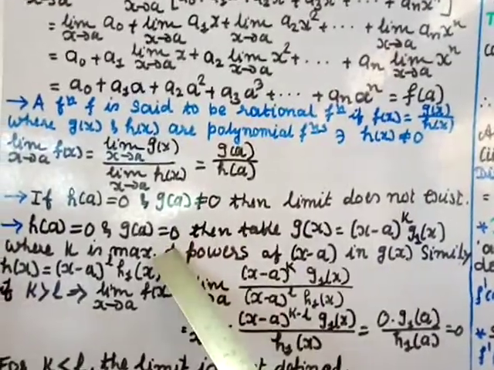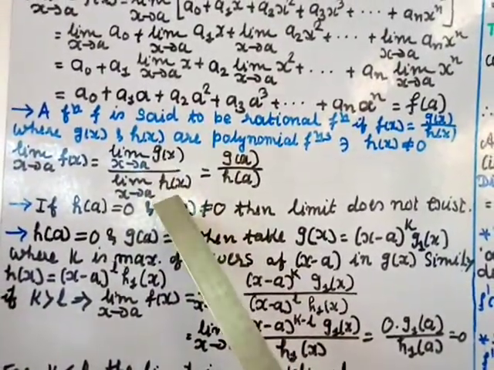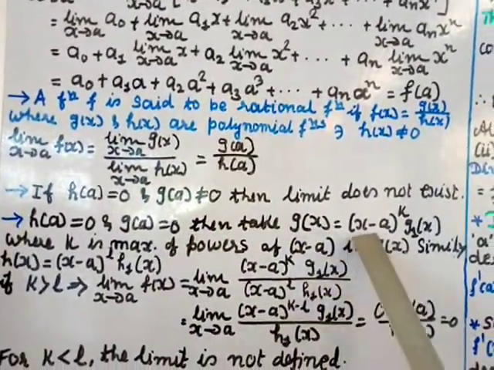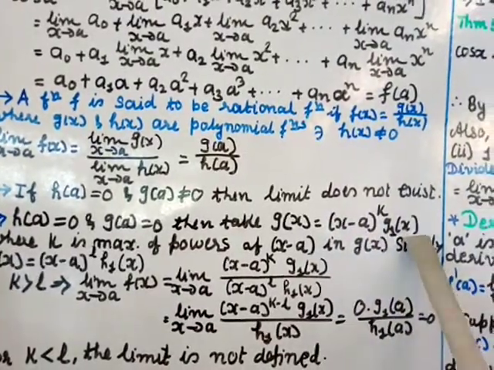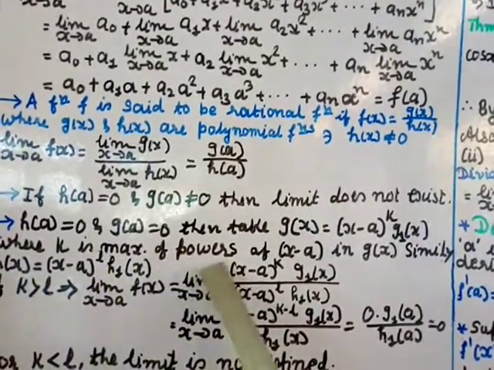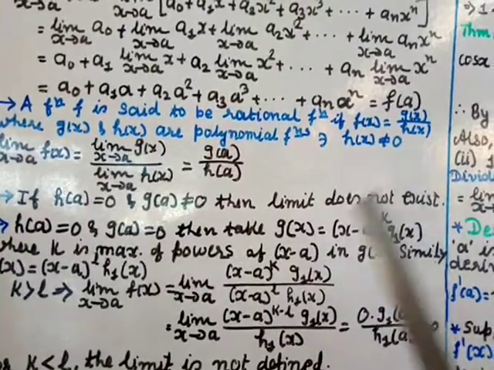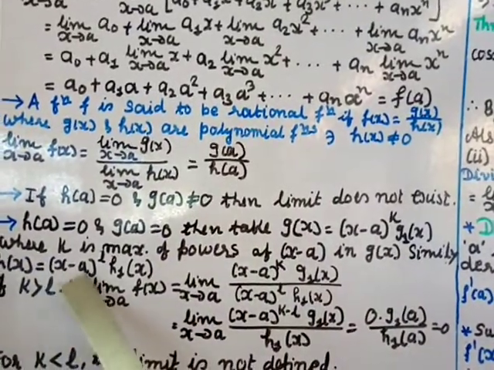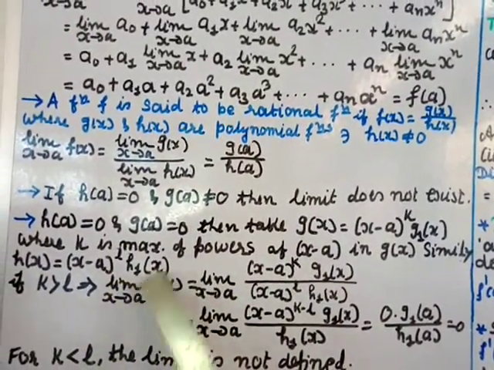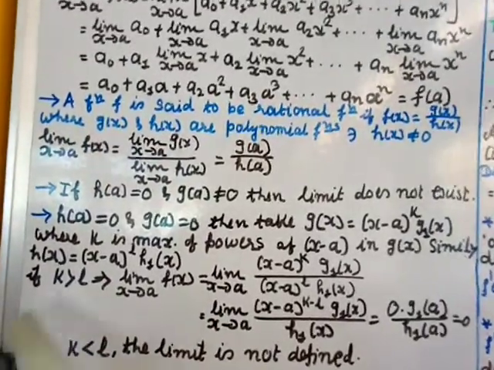But suppose g(a) is 0. Then you factorize g(x) and h(x) such that g(x) factors are (x minus a) power k g1(x), where k is the maximum power of (x minus a) in g(x). Similarly, h(x) factors are (x minus a) power l h1(x). We are just factorizing. Now suppose k is greater than l.